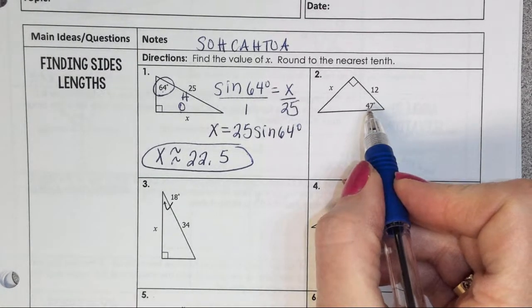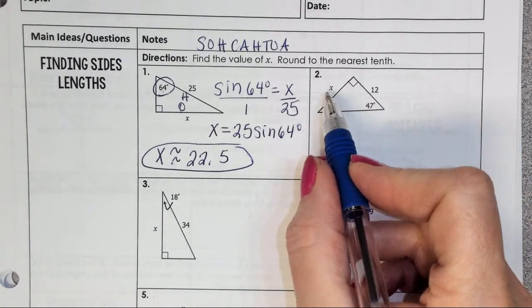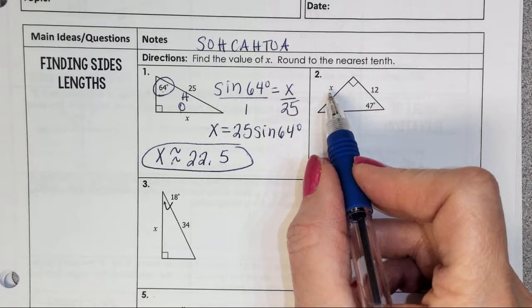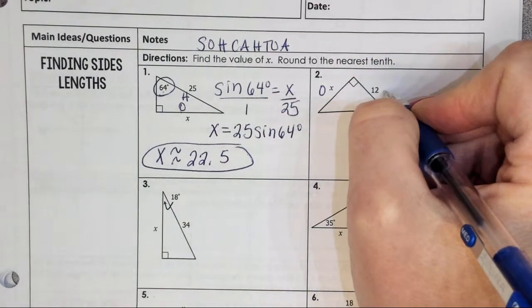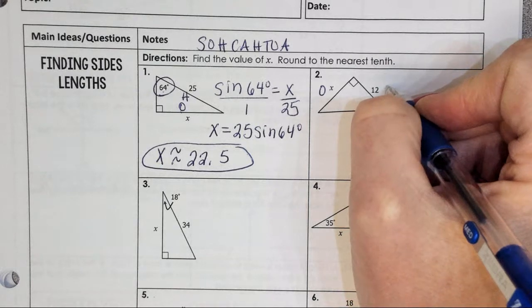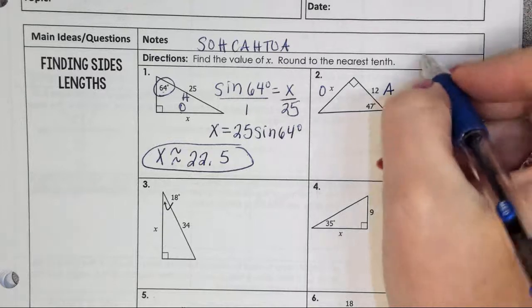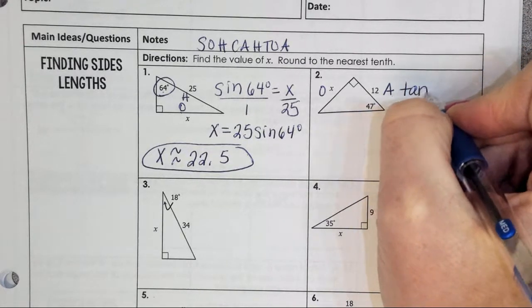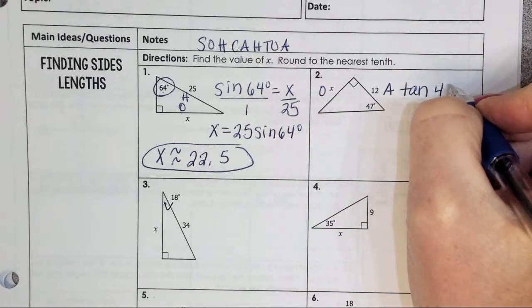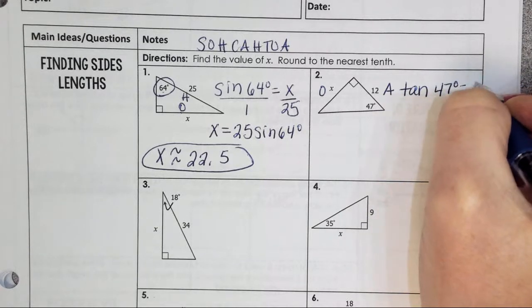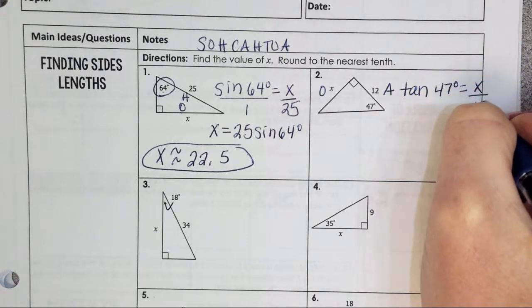So looking at our angle, Megan, what's the x going to be? Good. And the 12? And so what are we going to use? Tangent. So we're going to do the tangent of our angle equals opposite over adjacent.